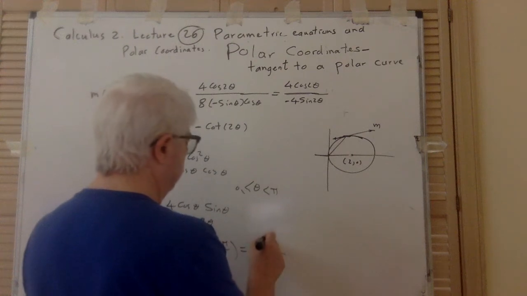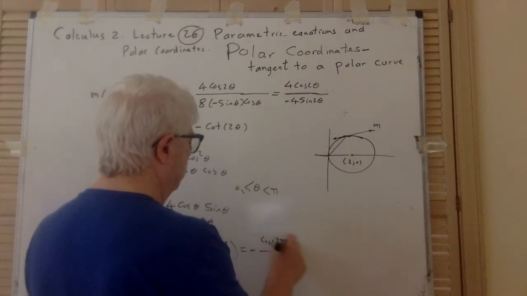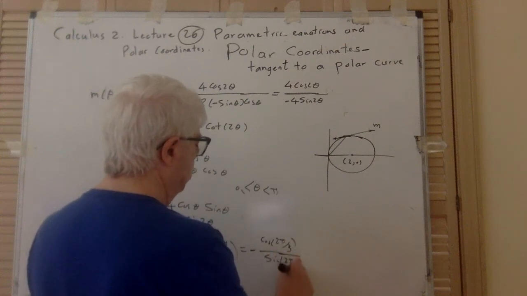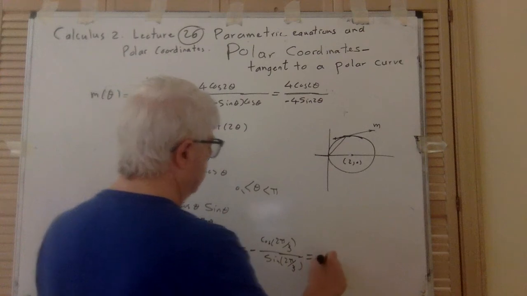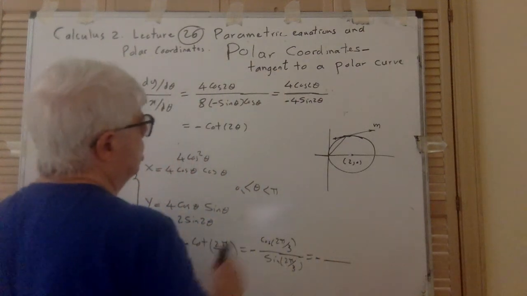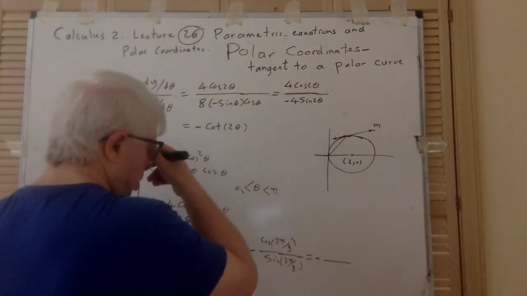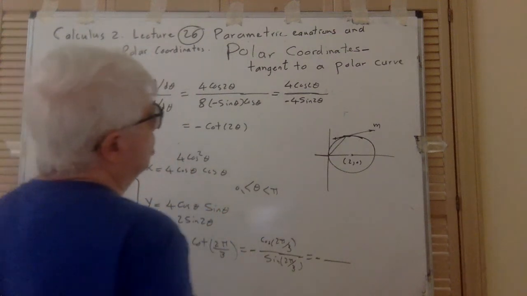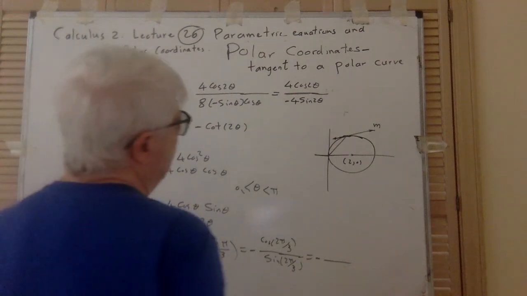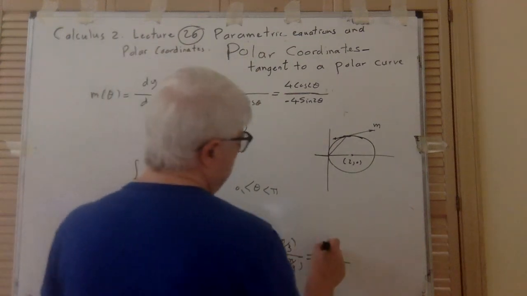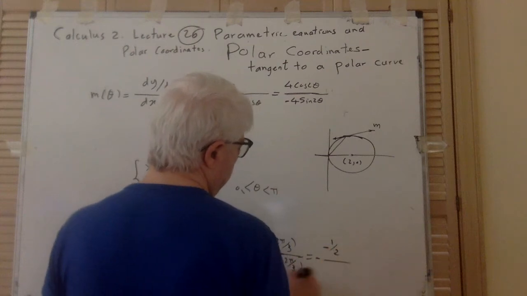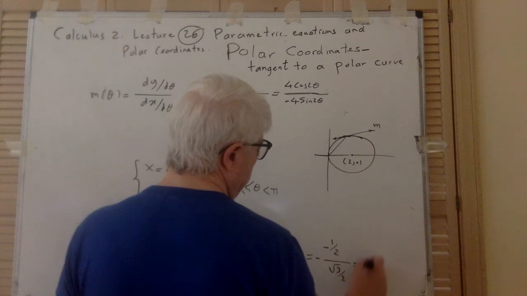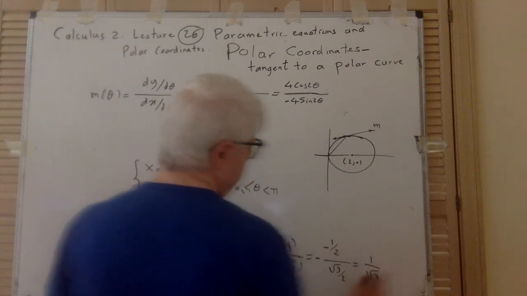That is cosine 2 pi over 3 divided by sine 2 pi over 3. Cosine of 2 pi over 3 is minus 1/2, and sine is square root of 3 over 2. So this will be simply 1 over square root of 3.